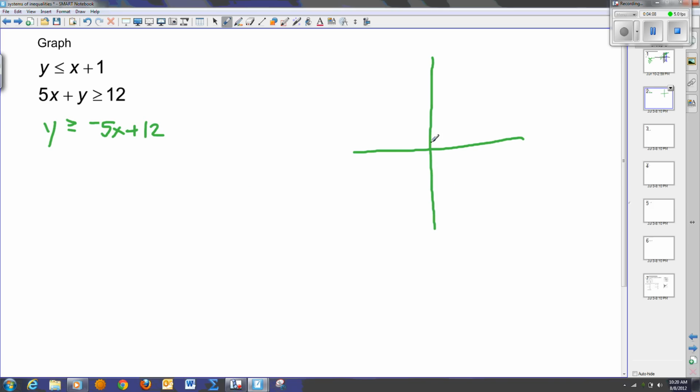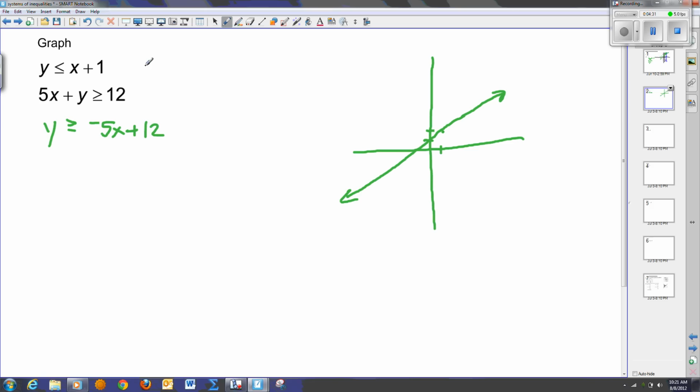Graphing the first equation, I go up 1 for my y-intercept, put a little dot there, and then I rise 1, run 1, dot, connect the points, and I'm looking at something like this.